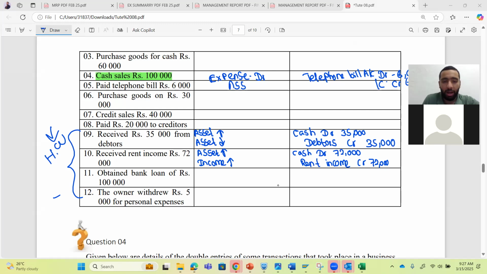Can you all tell me until I write this? Okay, your asset is increasing, and your liability is also increasing. Right? Can someone tell me the double entry? Can someone please tell me the double entry?